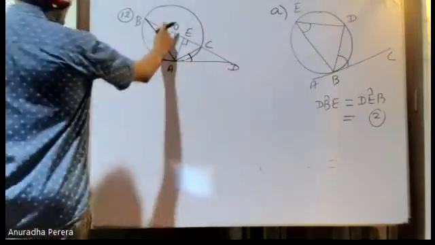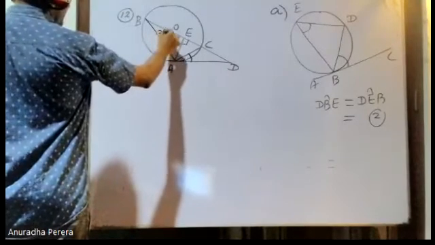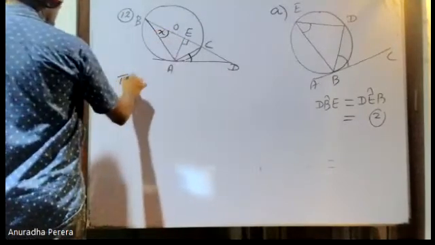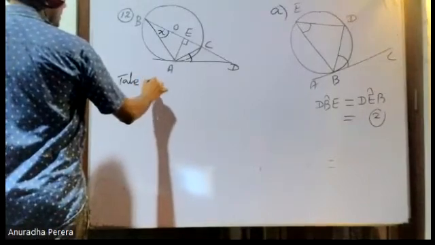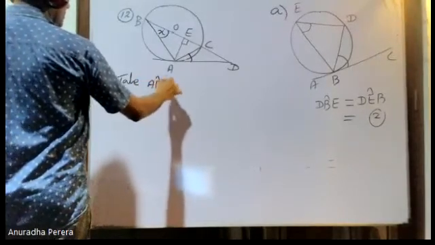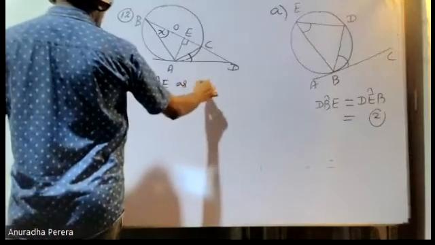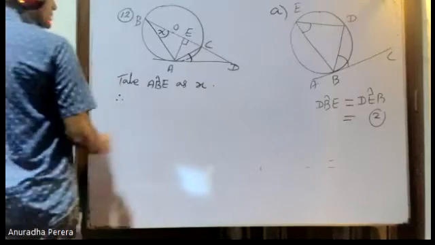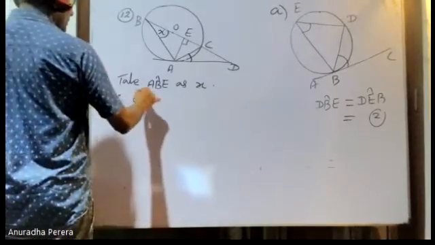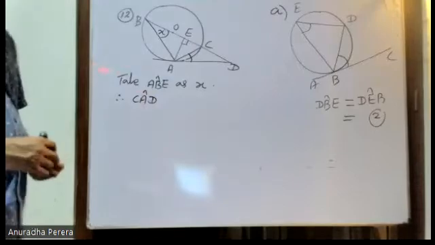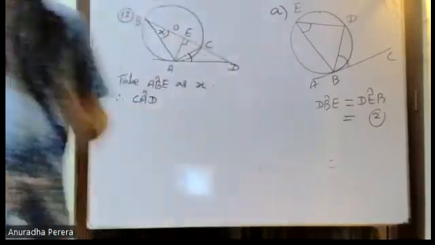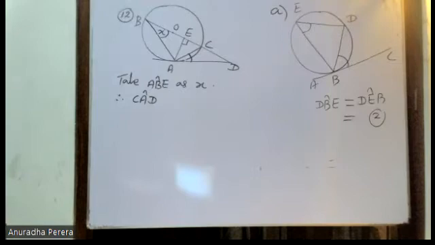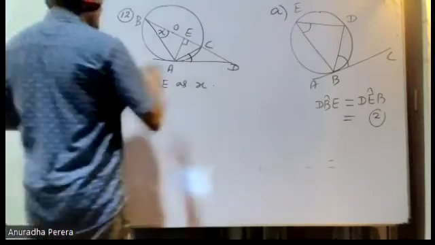I think more suitably you can take this as x. Take ABE as x. Right? Then therefore CAD equals x, make it x.